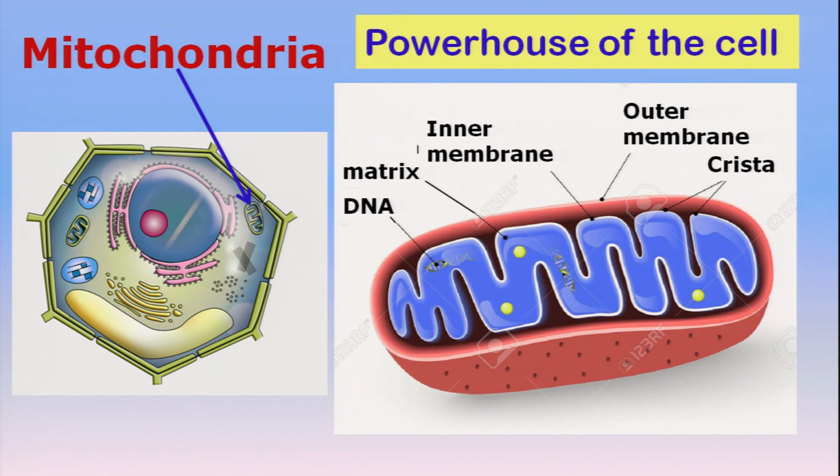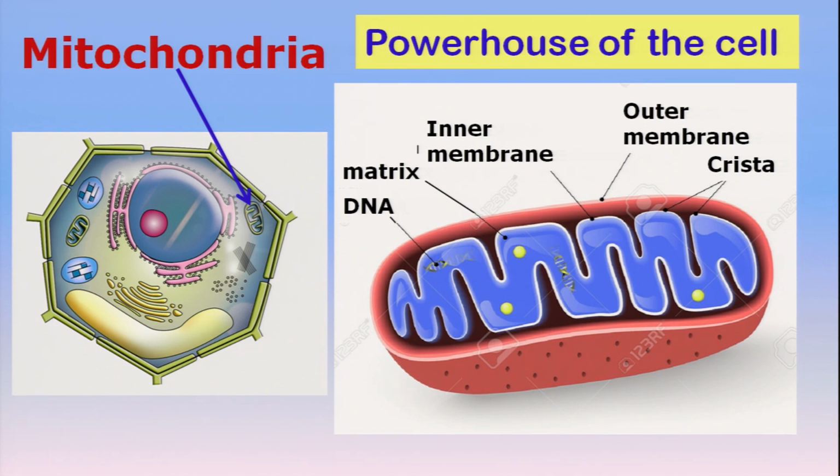So why are these foldings present in the inner membrane? Because they increase the surface area of the inner membrane, which helps in generating more number of ATP molecules. The larger the surface area, the higher will be the number of ATP molecules that are very useful molecules.